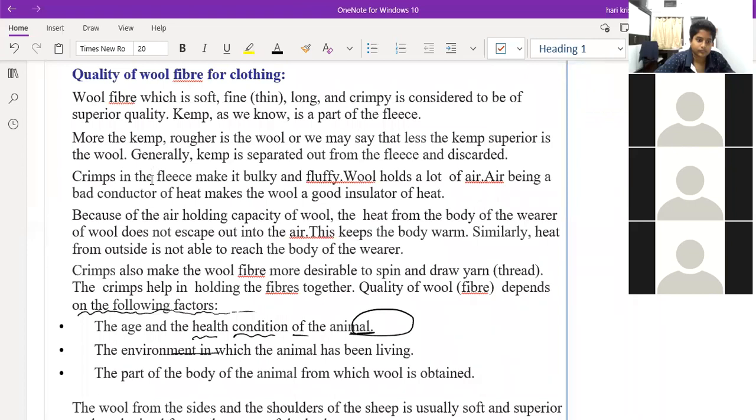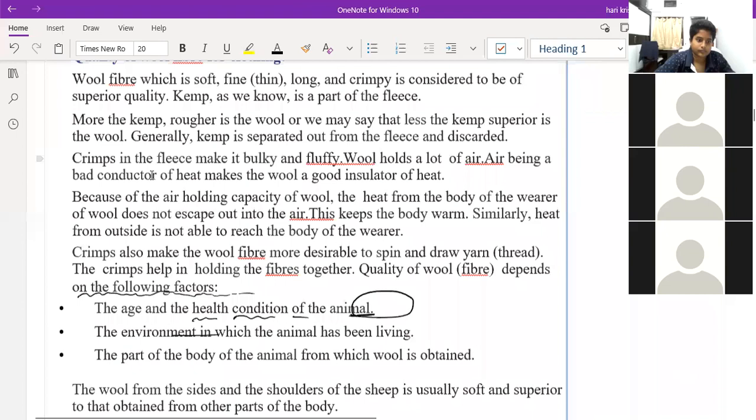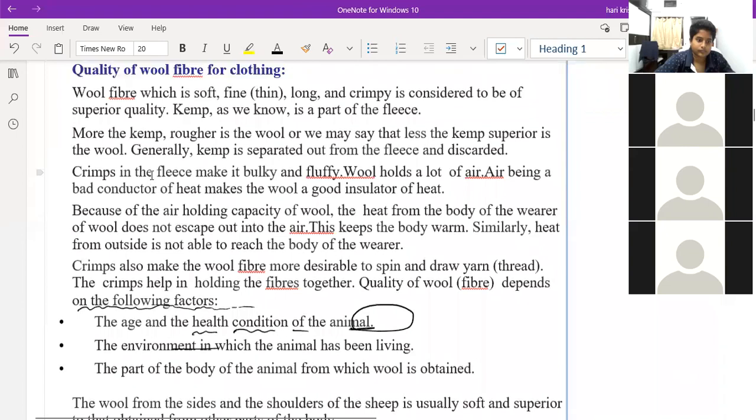Soft, fine, crimpy fiber is considered to be the superior quality. Whichever is not soft, fine, and crimpy is called kemp. So that's what was explained in the first point. The more the kemp, the rougher is the wool, or we can say the less the kemp, the superior is the wool.